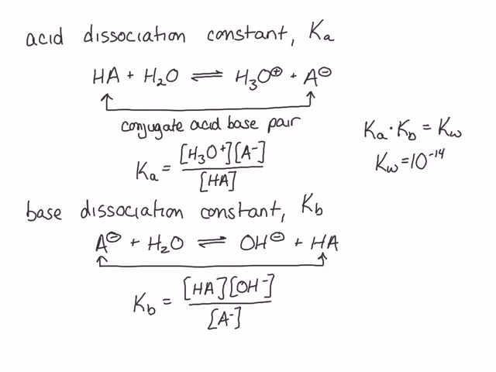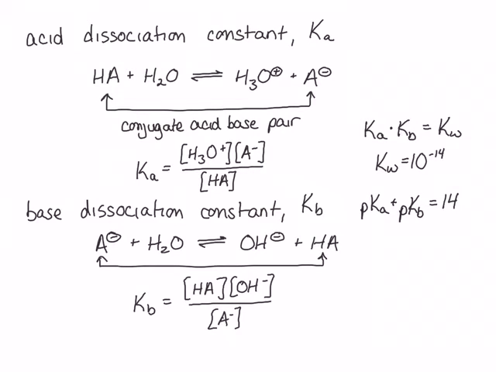And so Ka times Kb is always equal to 10 to the minus 14th when Ka and Kb are for a conjugate acid-base pair. Another way to express that is that the pKa and the pKb of a conjugate acid-base pair sum together to give us 14. So pKa plus pKb of a conjugate acid-base pair is equal to 14.